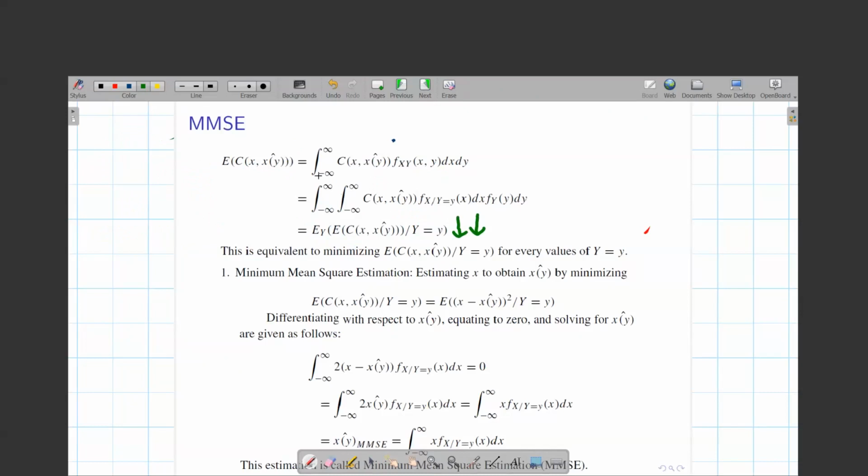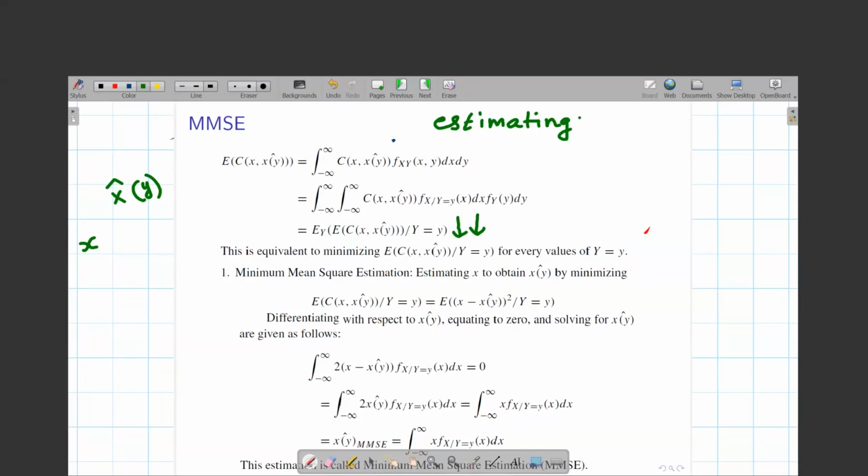So now, x cap of y. This is the doubt you are having. Basically, the original value is x. Remember that you are observing y and you would like to know the value of x. The problem here is estimating x.